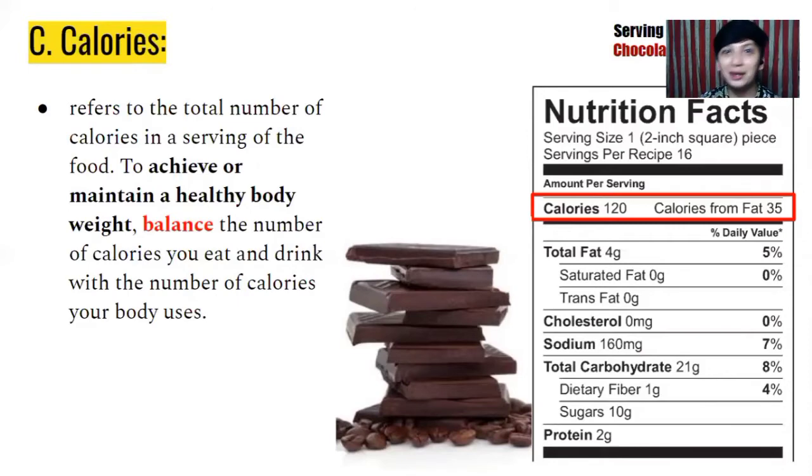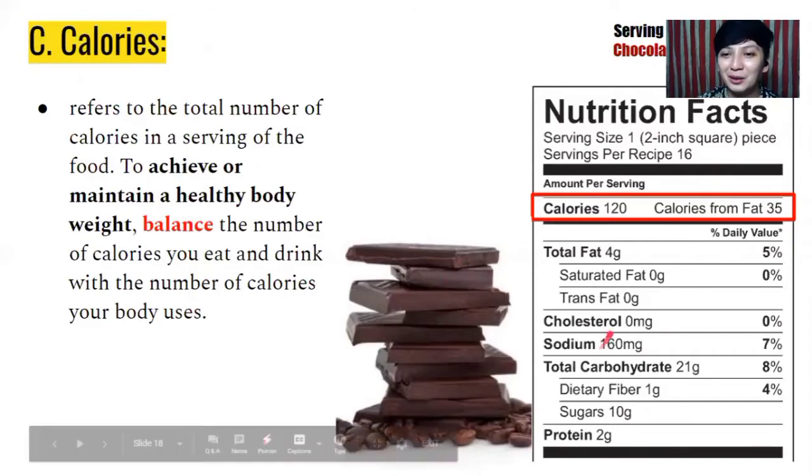Because if you do not maintain that, you will get fatter. Meaning you're living an unhealthy lifestyle already because the amount of calories is greater than the burned calories. So take note of that.